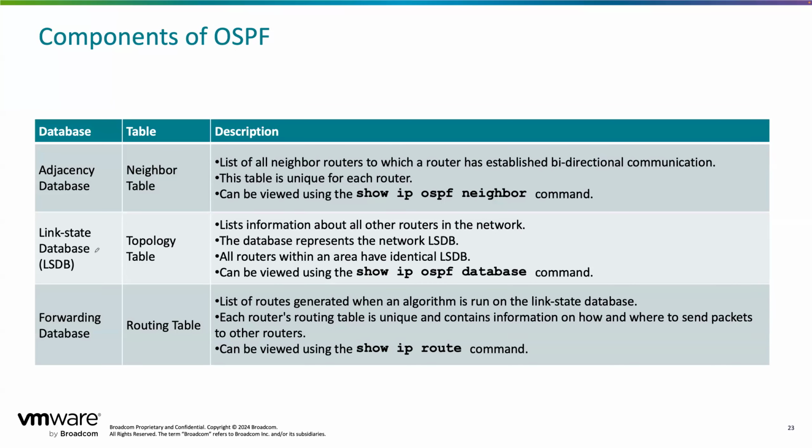The third one is definitely the routing table, for a router to forward traffic or make a routing decision. These are the three basic data structures for a link state protocol, or for OSPF.